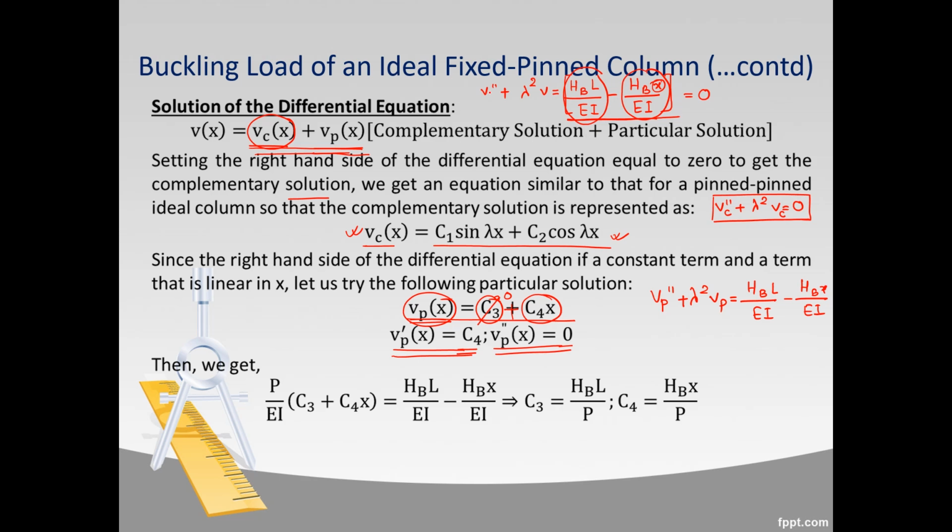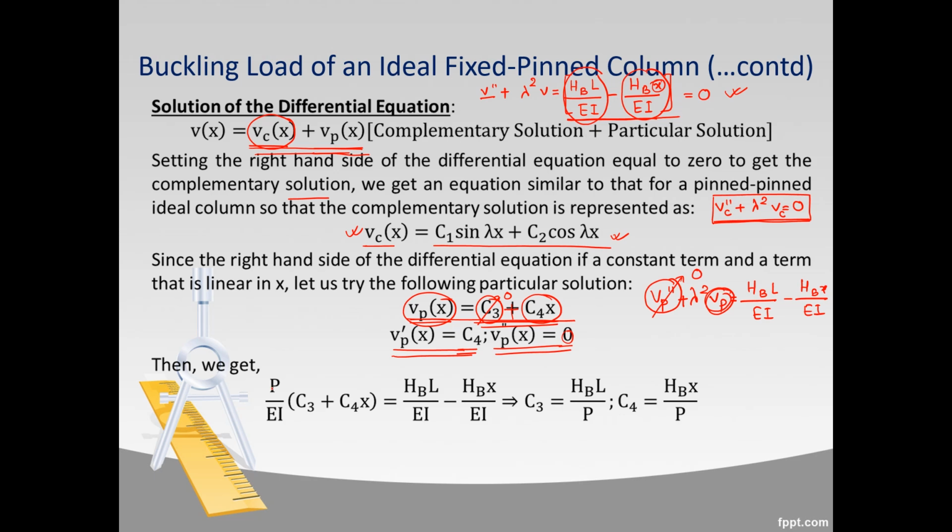We simply put Vp instead of V in our differential equation, similar to what we did for our complementary solution, where we used Vc instead of only V. Now substitute the values of V double prime P and Vp. V double prime P is 0, so this term will be 0, and Vp is C3 plus C4x.